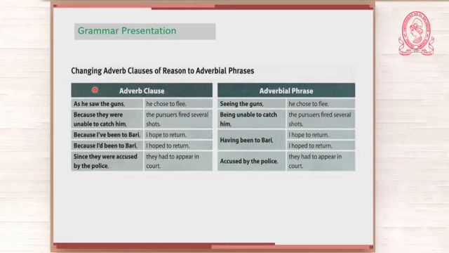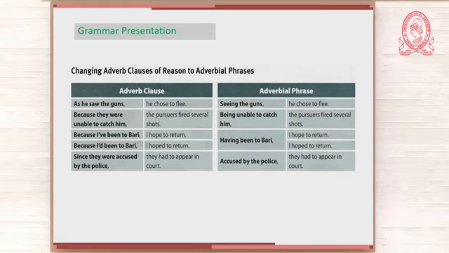Now, what happens when we change it to an adverbial phrase? Look at this. Seeing the guns, oh yes, the principal verb in the ing form, and the subject has disappeared. Seeing the guns, he chose to flee. What happened to the introductory word as? It disappeared too. Okay?